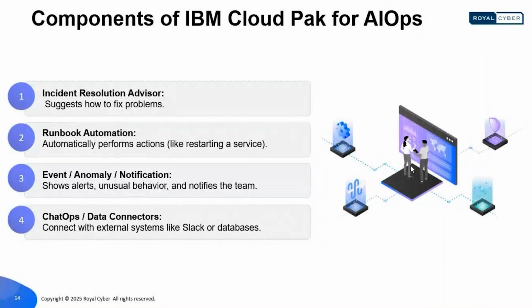You can write your runbook so that it can automatically perform those actions if that issue happens. Event anomaly notification shows alerts on unusual behavior or notifies the team, so based on this we can predict the issue. You can easily connect with external systems like Slack, databases, MS Teams.